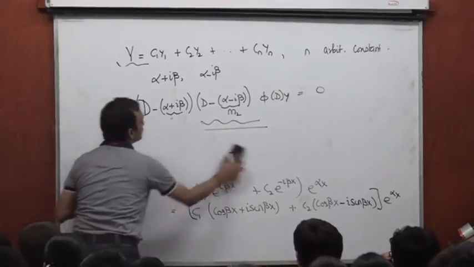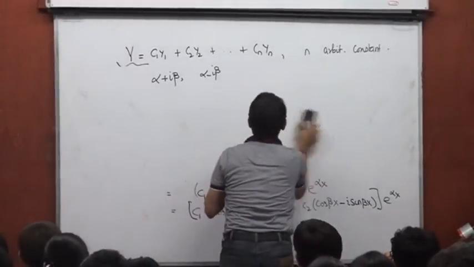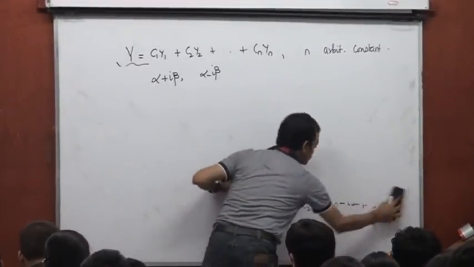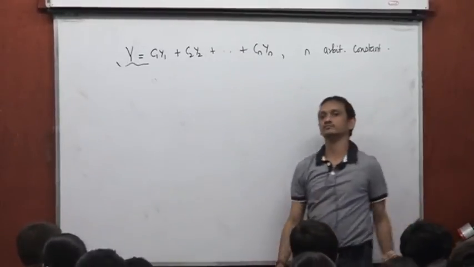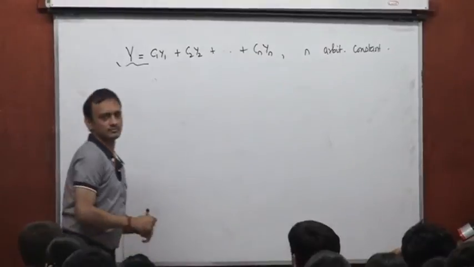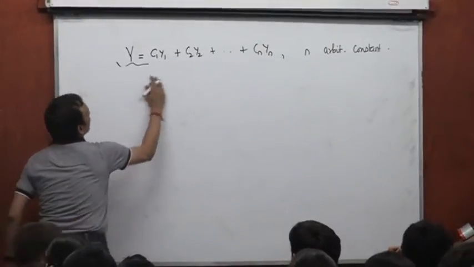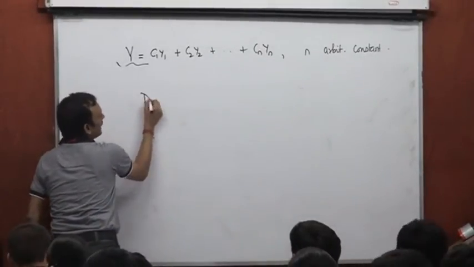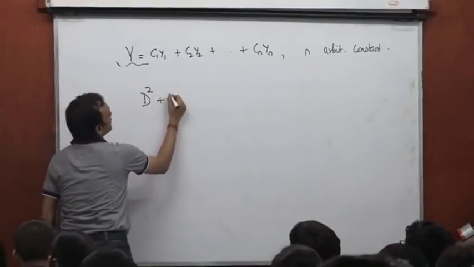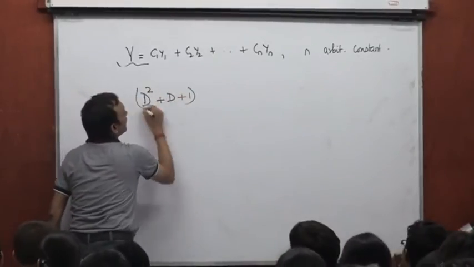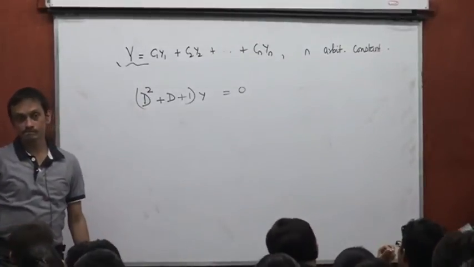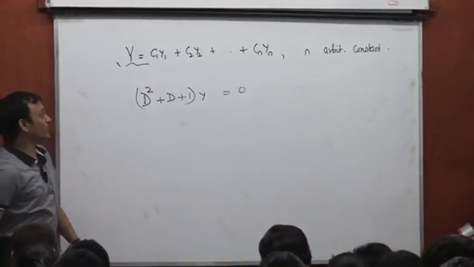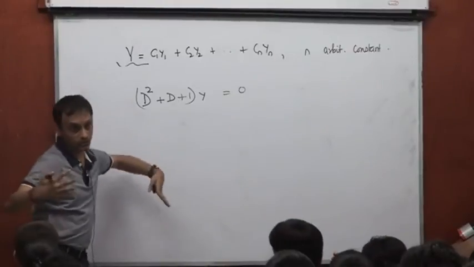Say for example, suppose I have D squared plus D plus 1 acting on y, equal to 0.